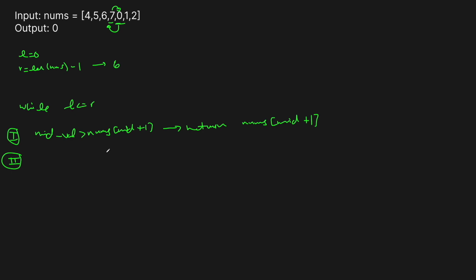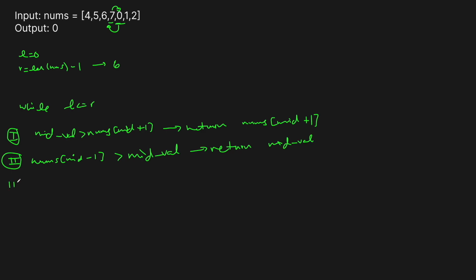So we can do the opposite check: whether nums of mid minus 1 is actually greater than our midpoint value. In this case, that means that our midpoint value is the minimum. So we're going to return the midpoint value, which is the minimum.